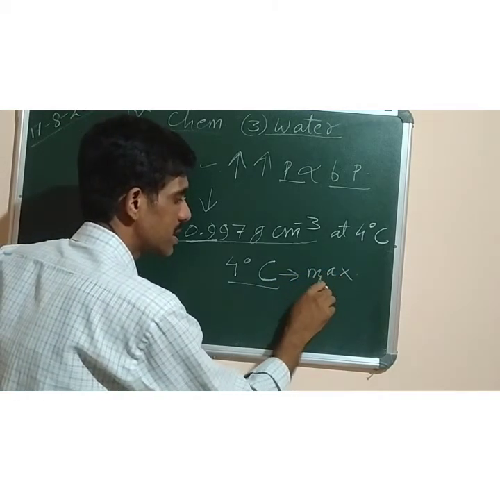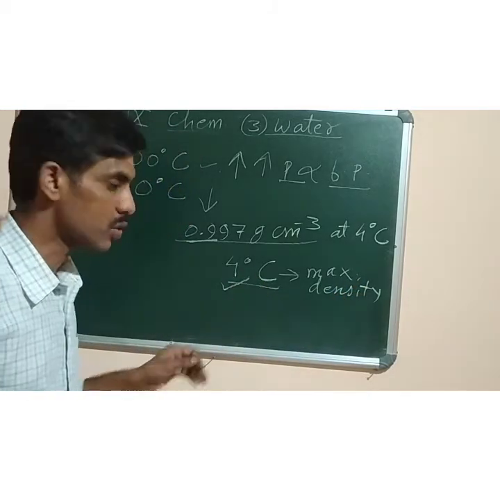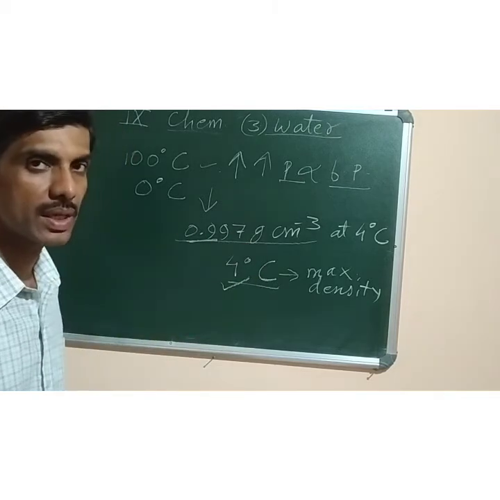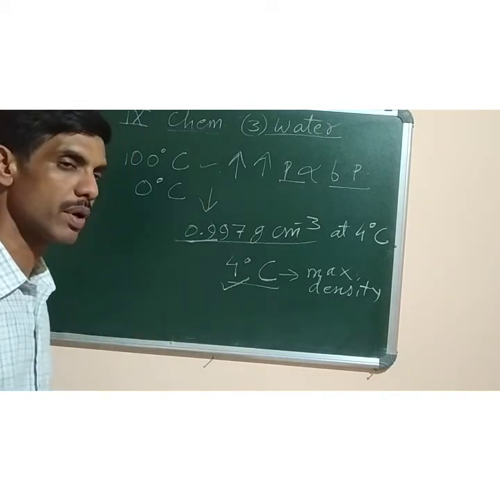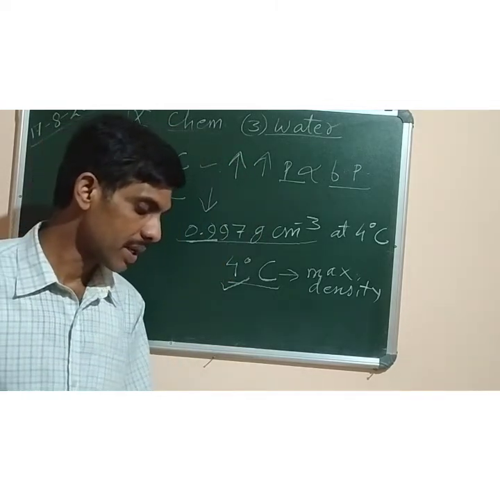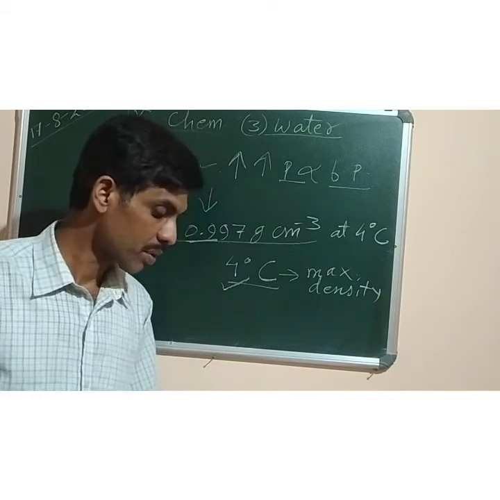Maximum density of water is present at 4 degrees C. So if it becomes 3 degrees C or 5 degrees C, then the density of water will also change.